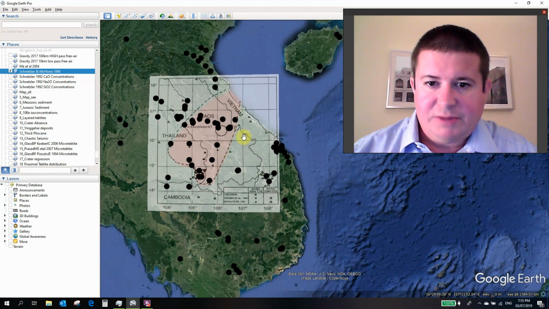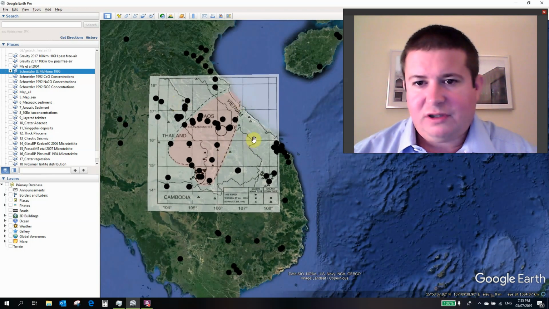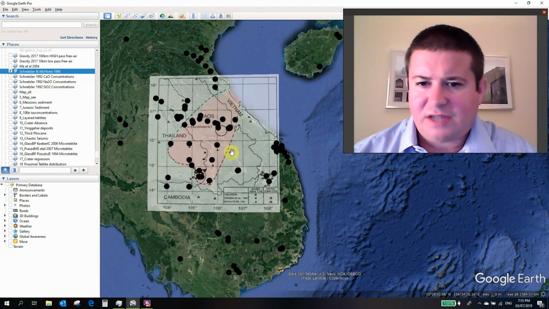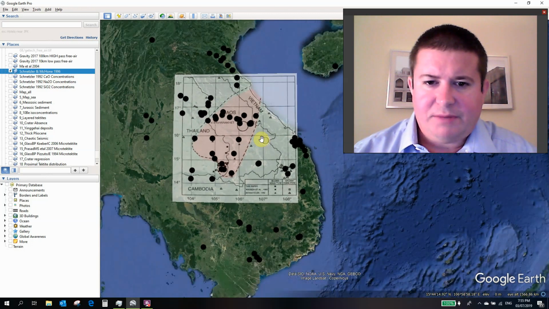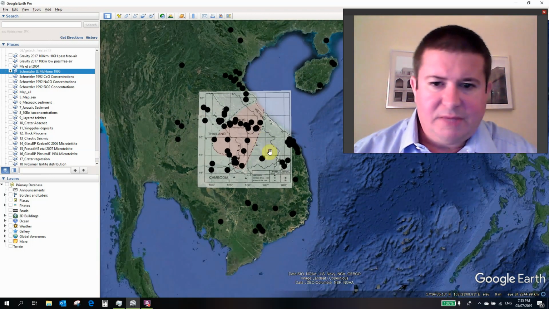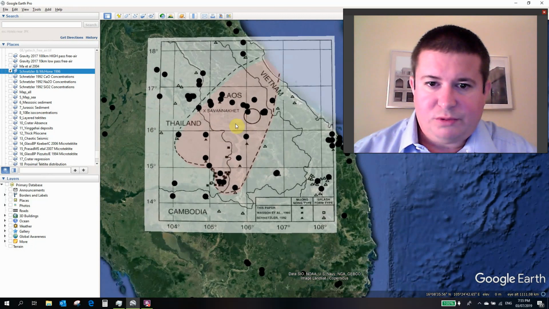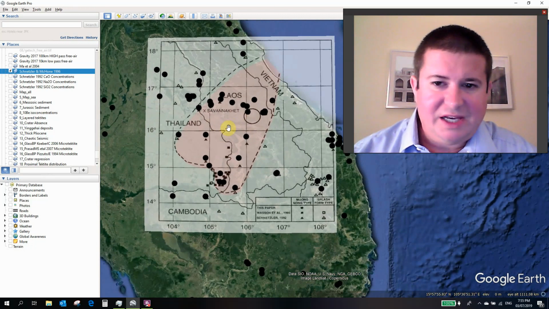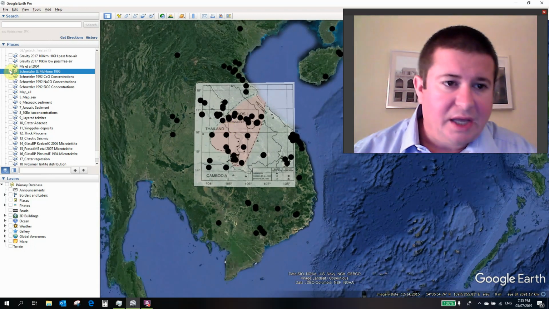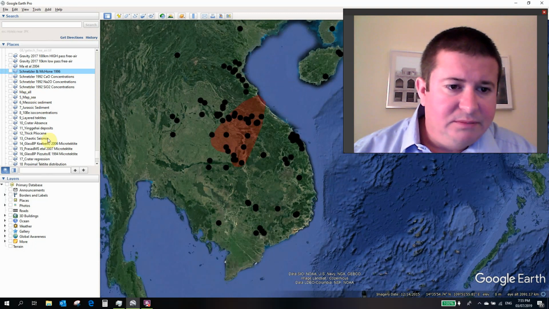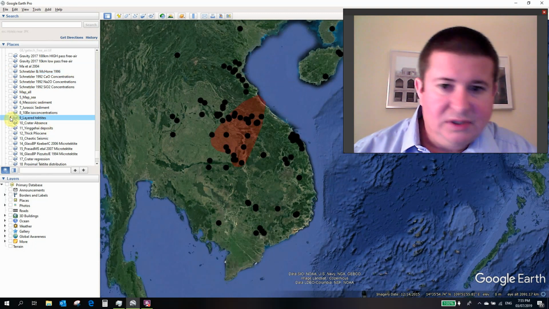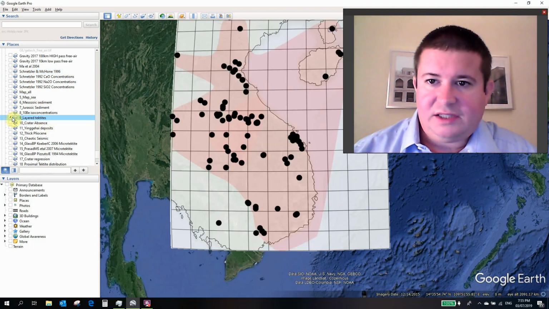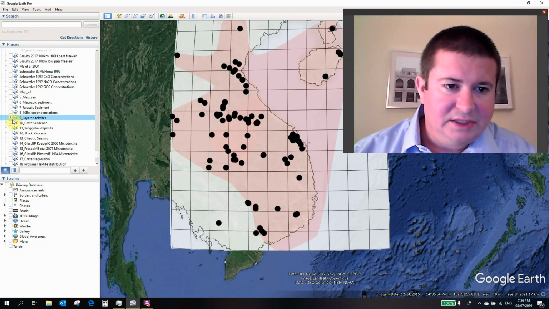Some of the plotting is slightly off. The grids are off, the outlines are slightly off, but you get approximately the right place, you get the message there. So possible crater in here or somewhere around here. I'll explain that later. You also get the layered tektite distribution, perhaps another arm going there.